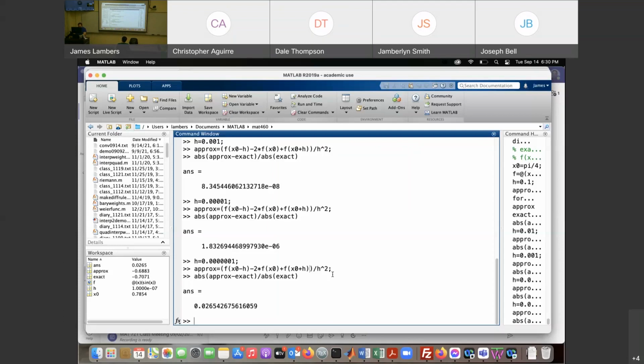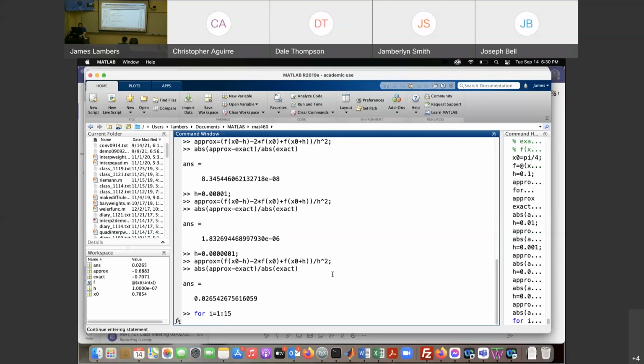Okay, so let's see. All right, this is the biggest no-fly here, so we'll see how this goes. So this is the exponent.